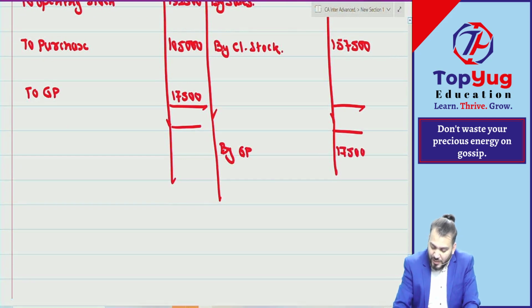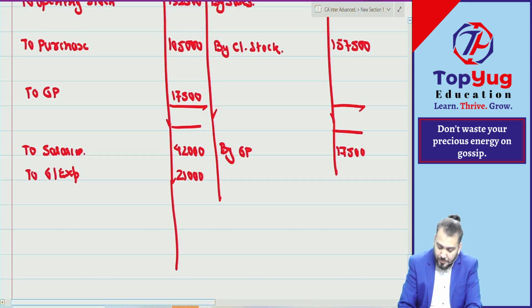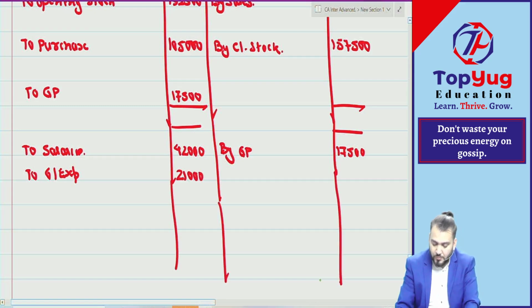Can you give me all the expenses? To salaries how much? 42,000. To general expense how much? 21,000. Will any other expense come? Salaries I have given.